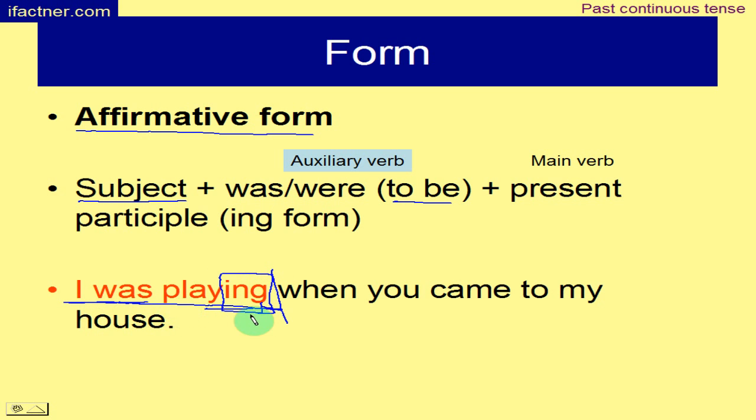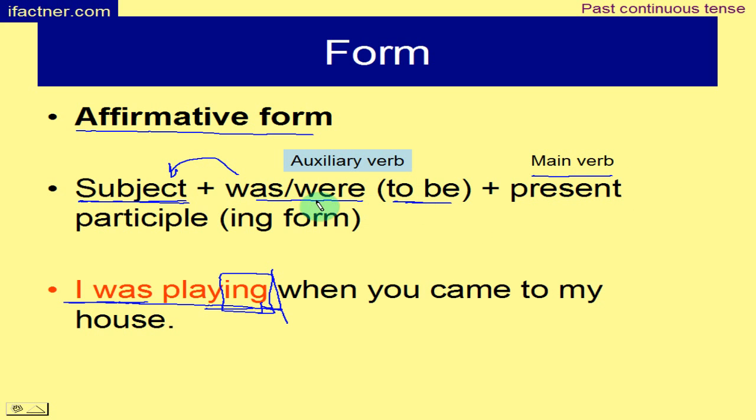I was playing. So to form the affirmative form of past continuous tense, we use the subject, then the second form of to be, either was or were, depending upon the subject, and then we use the present participle, that is the ing form of the verb.